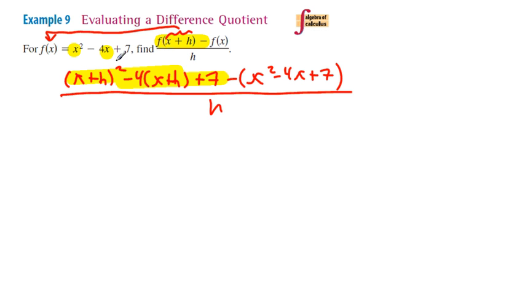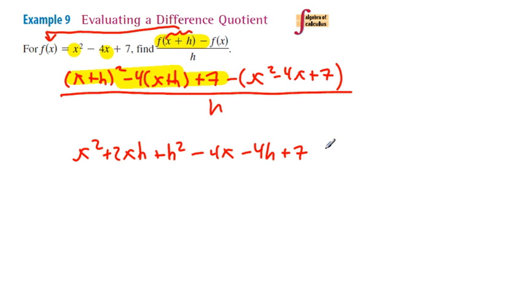So let's go ahead and do x plus h quantity squared. If I do the FOIL method, expand it out, I get x squared plus 2xh plus h squared. So this whole thing became that, minus, and I'm going to do the distributive property: negative 4 times x is negative 4x, negative 4 times h is negative 4h, and we have our plus 7 right here.